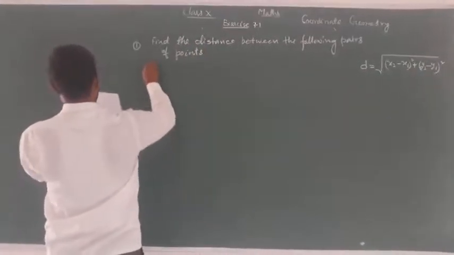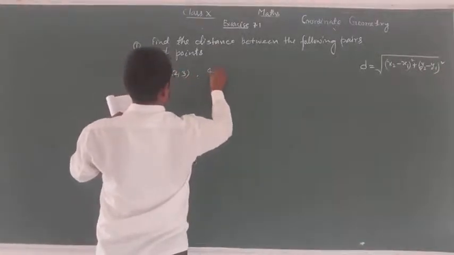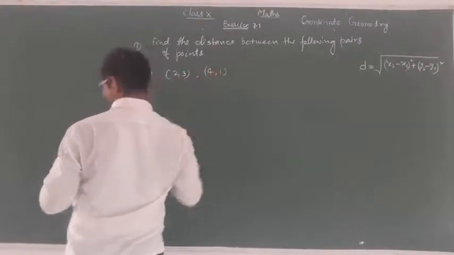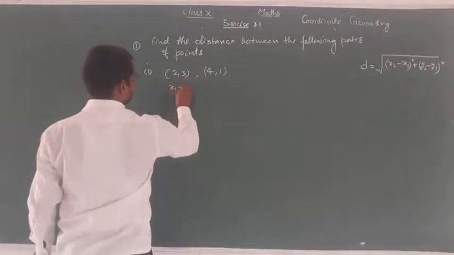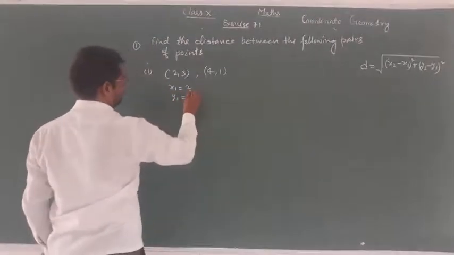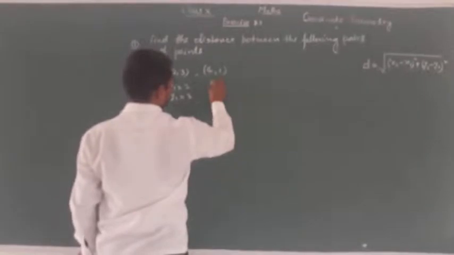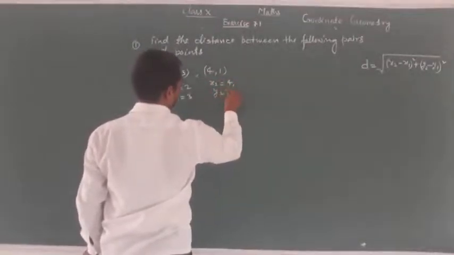So first, (2, 3) and (4, 1). Now x1 is equal to 2 and y1 is equal to 3, x2 is equal to 4 and y2 is equal to 1.